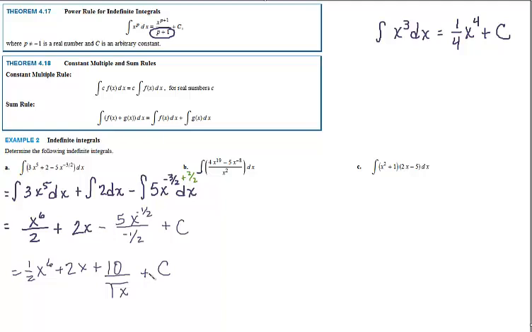Now if you want to leave it as x to the negative 1/2 you can. We don't usually like to leave things as negative exponents, and I know they gave it to you as a fractional exponent, so we could write it as 10x to the negative 1/2. Same thing.